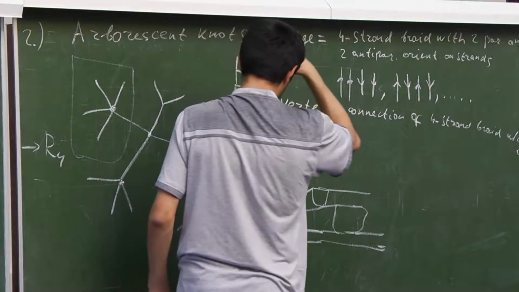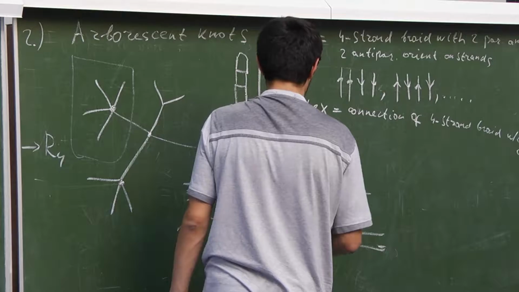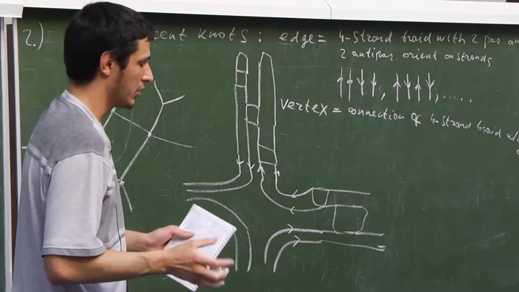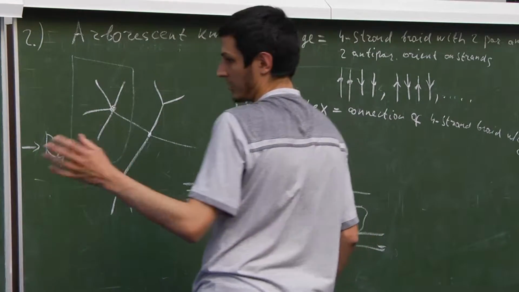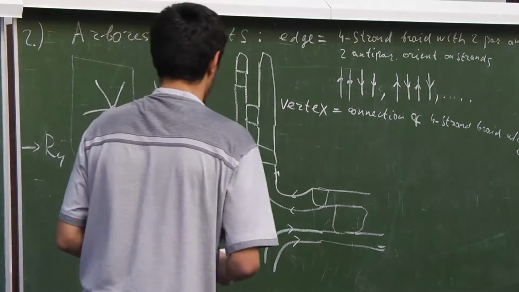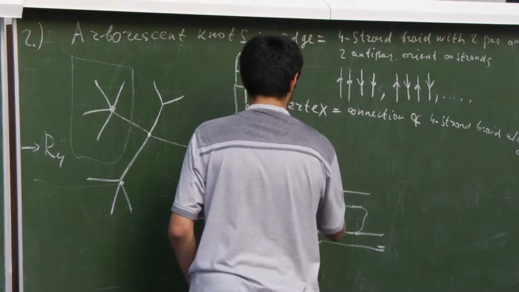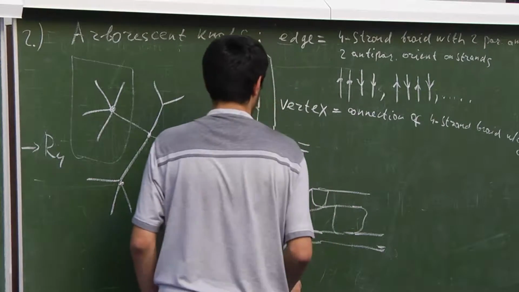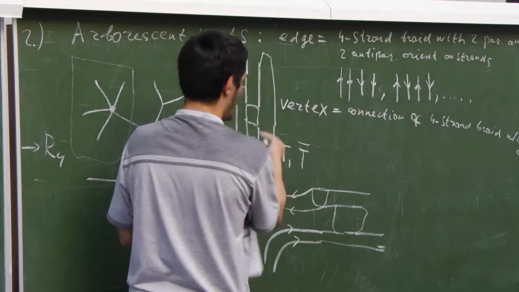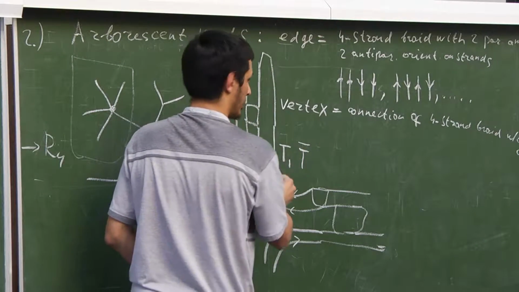With these crossings, we associate some matrices, which are also some analog of Racah matrices, like the matrices which we used in the first construction, but we will denote them here as T and T bar. T bar stands for such strands which have opposite orientations. T stands for such strands which have the same orientation.